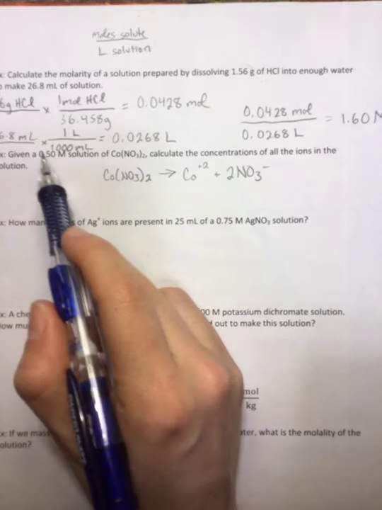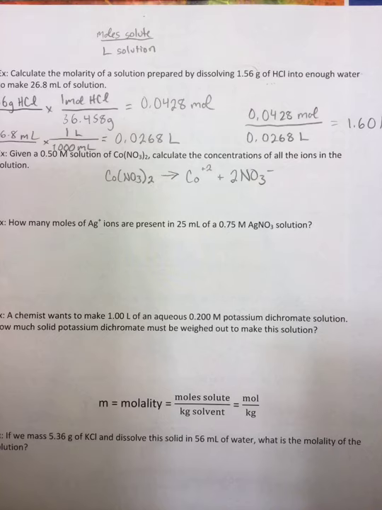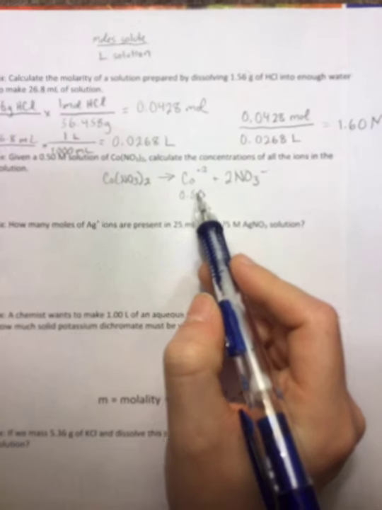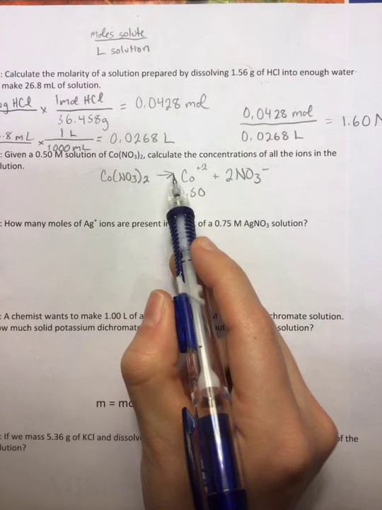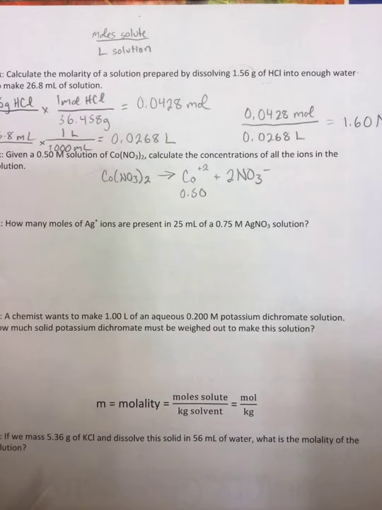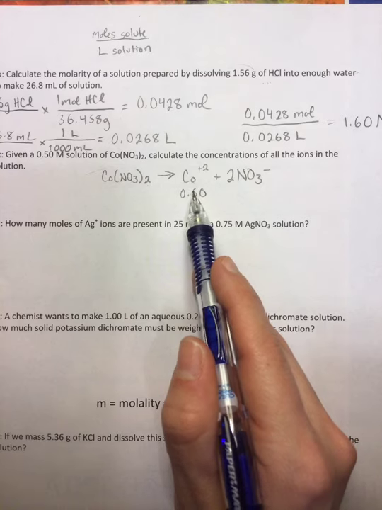That means that I have 0.50 moles of cobalt nitrate. If I have 0.50 moles of cobalt nitrate, how many moles of cobalt ions do I have then? You're going to have 0.50, because every single one of these is going to produce one of these from my balanced equation. Okay, so because this was 0.50 molar, this will be 0.50 molar.